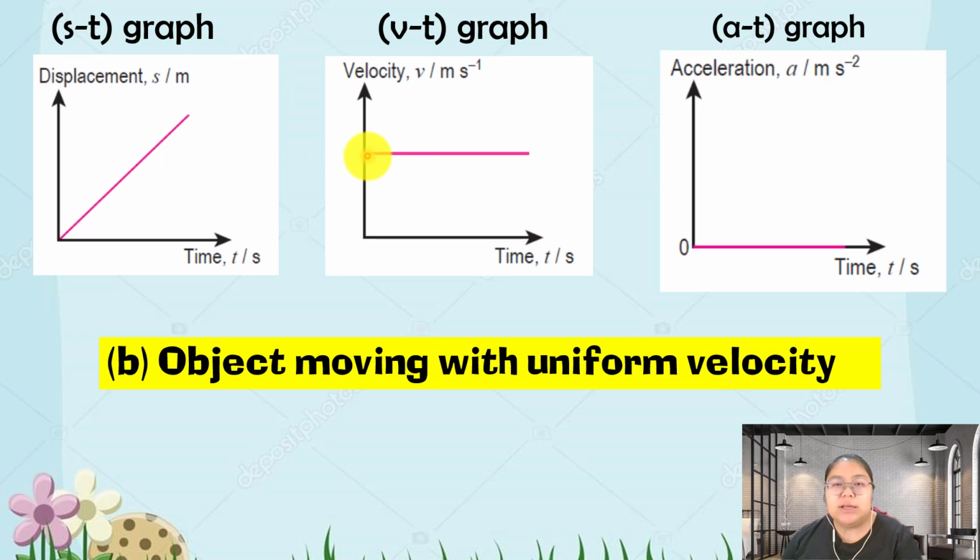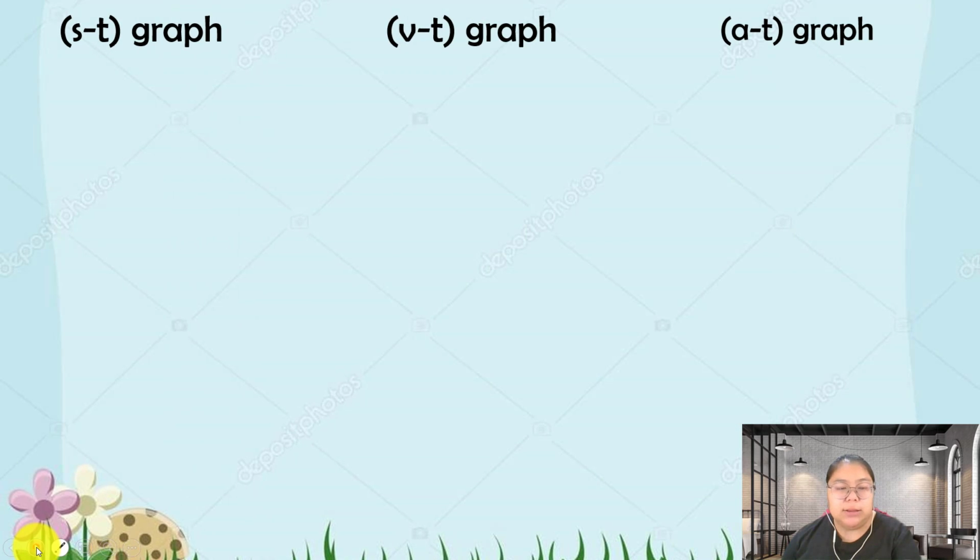Now the velocity is constant. If the velocity is a constant reading, then the acceleration is zero. What's the meaning of these three graphs? The object is moving with uniform velocity. Uniform means constant, straight. We can use these words to explain the situation for the graph.